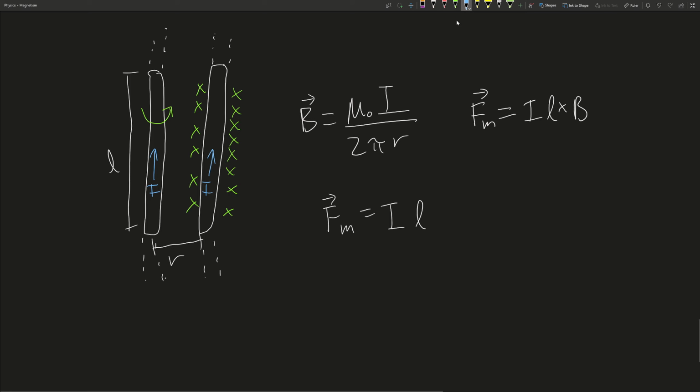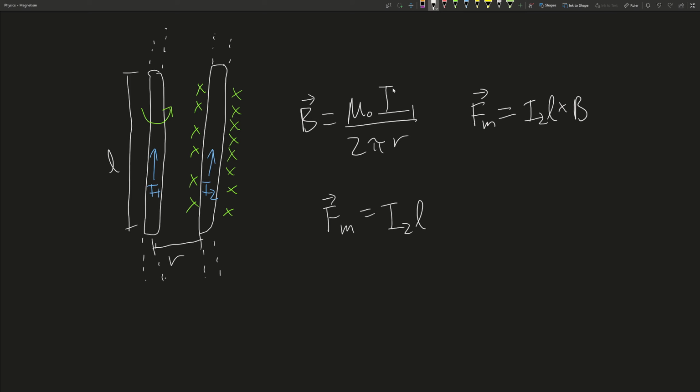Let me label these I's. Let's call the left one I1 and the right one I2. The left one is the one inducing the magnetic field, so the magnetic field strength uses I1, and then the Lorentz force uses I2 from this right wire.